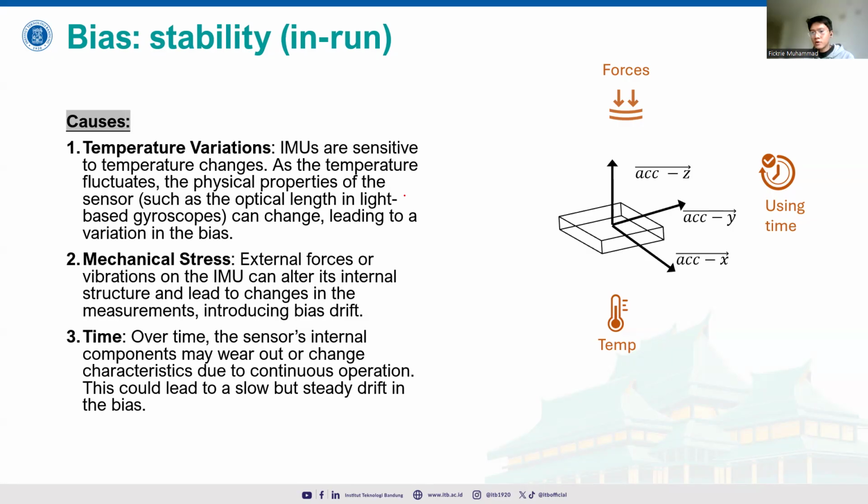When the external effects are causal over time, like usage time, temperature, or any steady movement, then it is easier to calculate how our bias behaves over time. But if it's more random, like external forces, then we'll have more difficulties. But we can estimate the bias by having more measurements, over a longer measurement period.